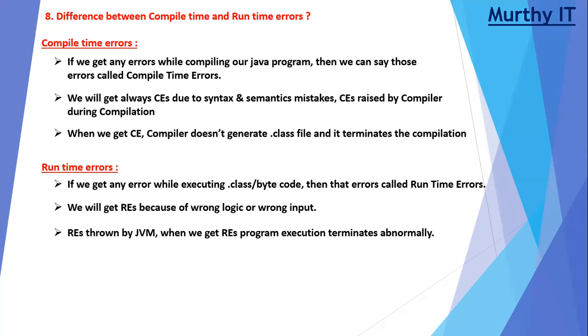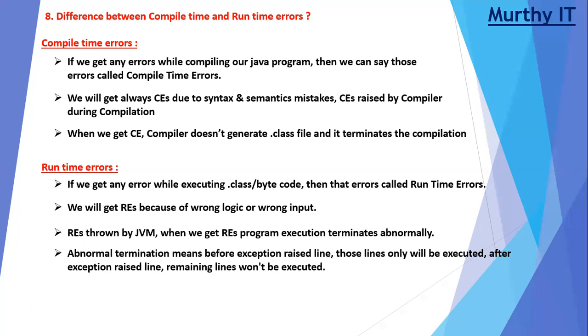Runtime exceptions are thrown by the JVM. When we get a runtime exception, our program execution terminates abnormally. What do we mean by abnormally? For example, if we have 10 lines of code and at the fourth line we get the exception, the remaining 6 lines won't be executed. That is called abnormal termination.